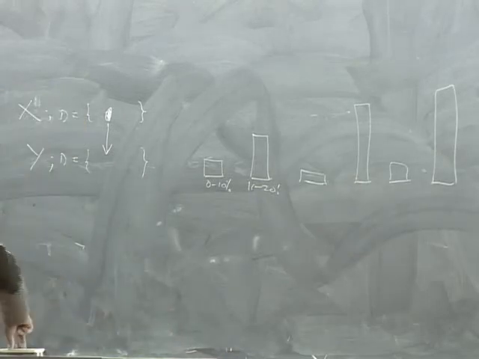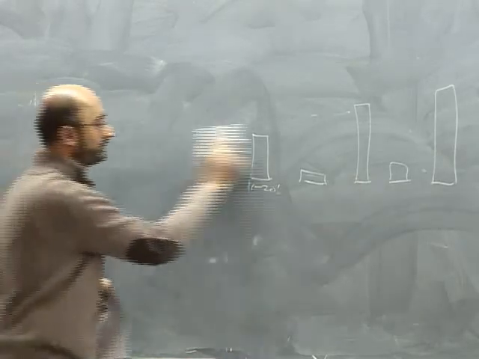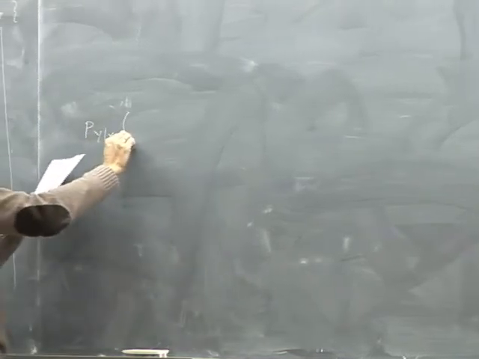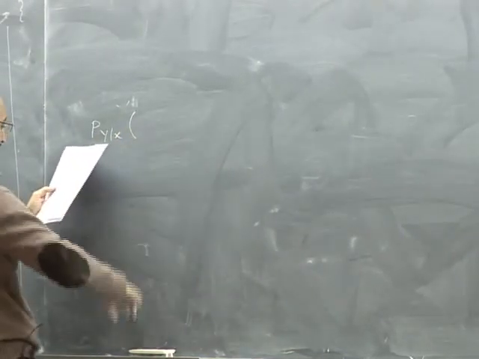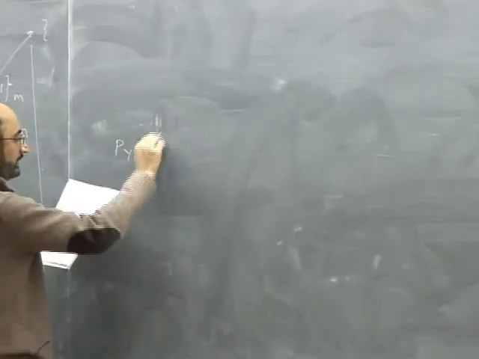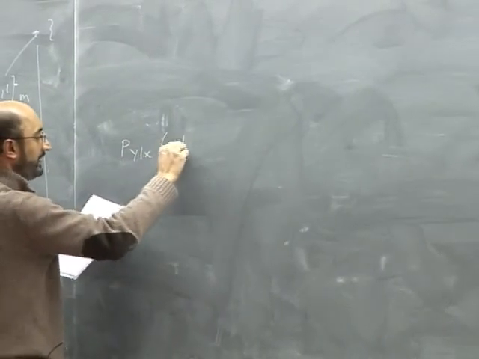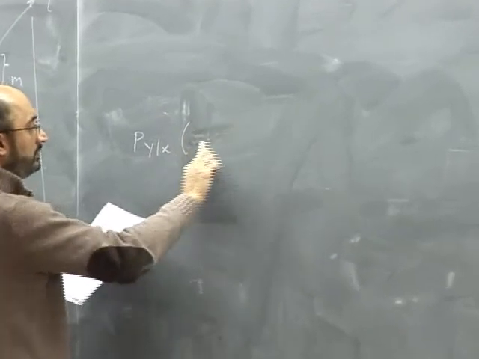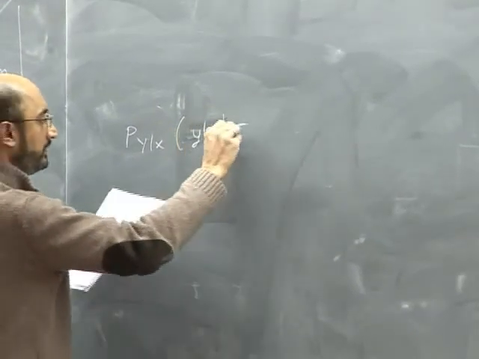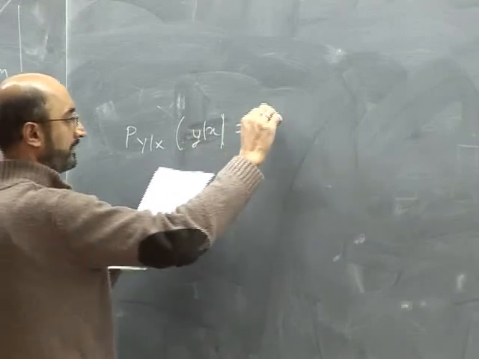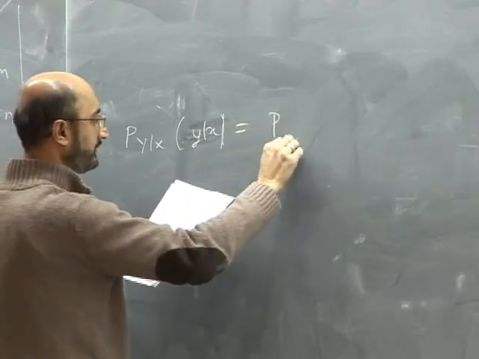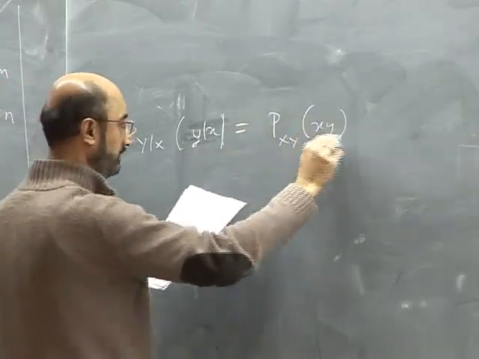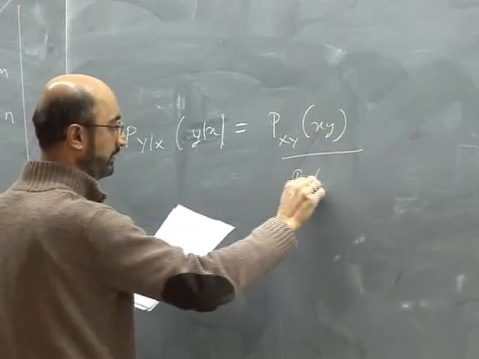The definition is actually pretty straightforward. We say that p y given x is going to be equal to p x y, the joint distribution of x and y, over p x of x.